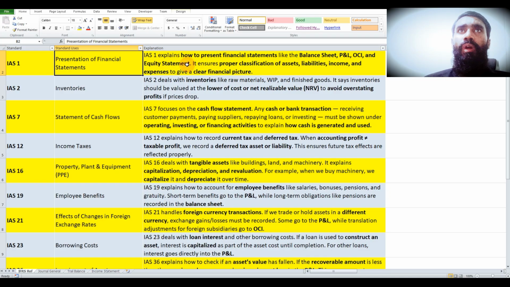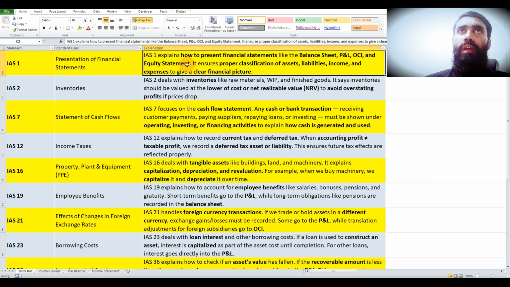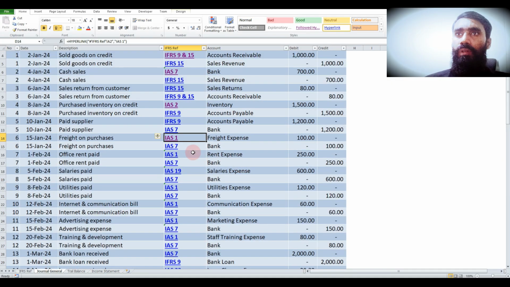It ensures proper classification of assets, liabilities, income, and expenses to give a clear financial picture. Now the second entry I have passed: freight expense debit, bank credit. Office rent paid, it's also an expense account. Salaries, it's also an expense account.